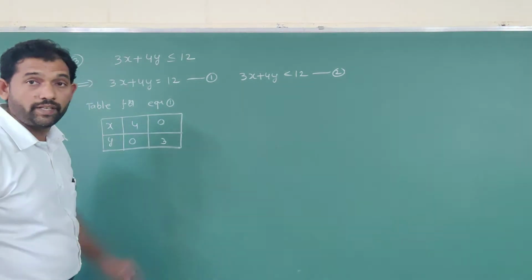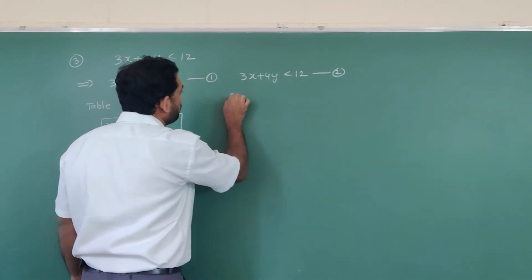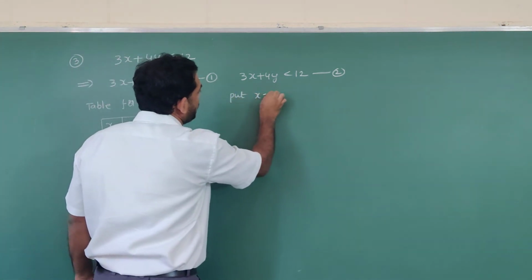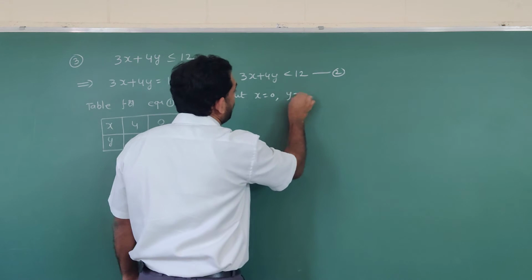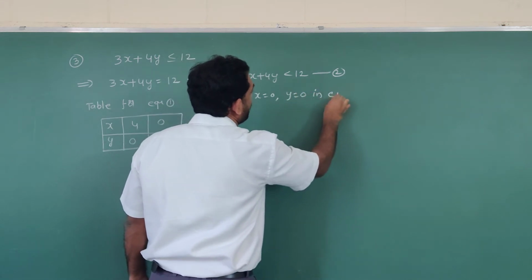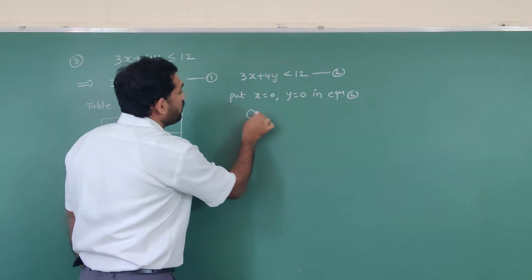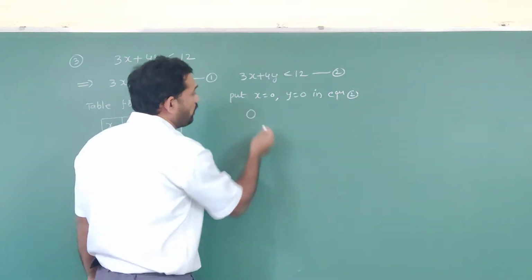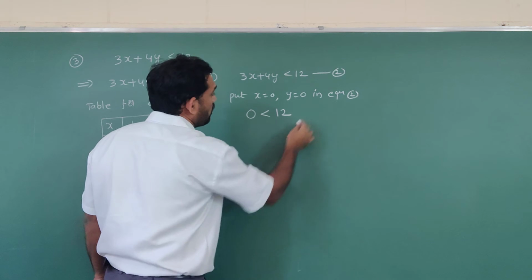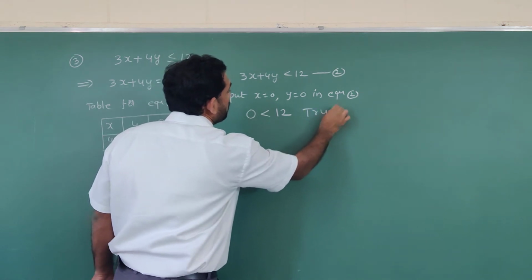Now the table is completed. After that, same procedure. Put x equal to 0, y is equal to 0 in equation number 2. What happens? 0 plus 0 means 0 only. 0 less than 12. It is always true.